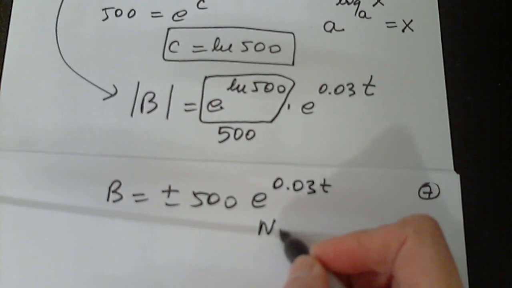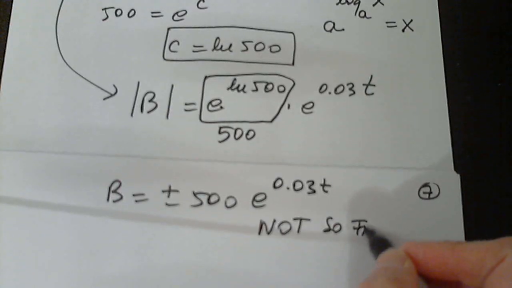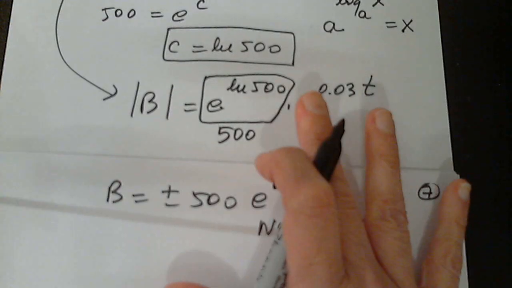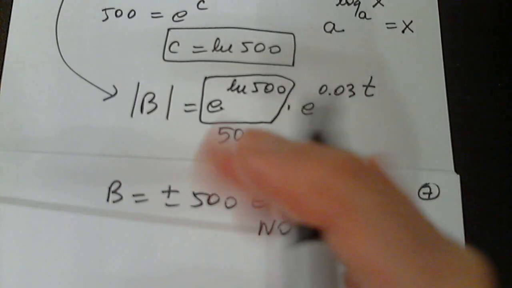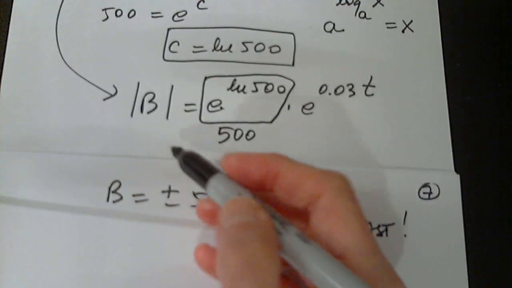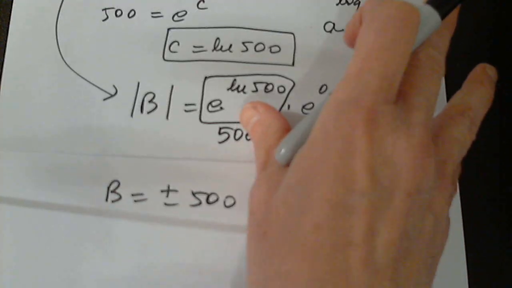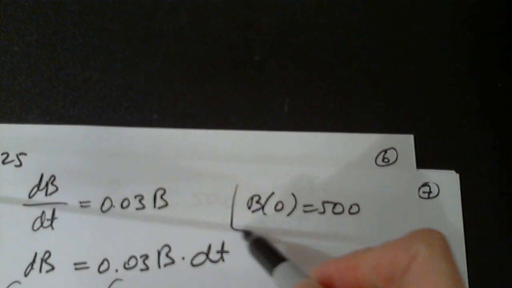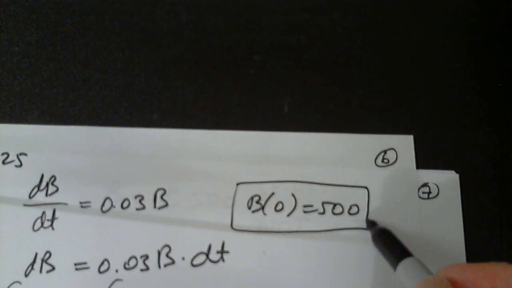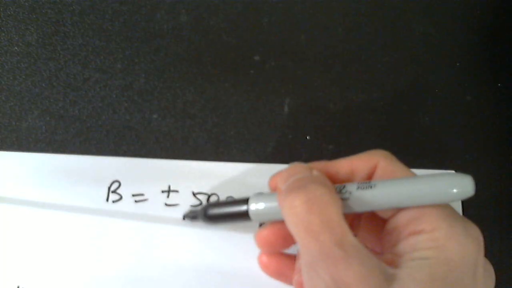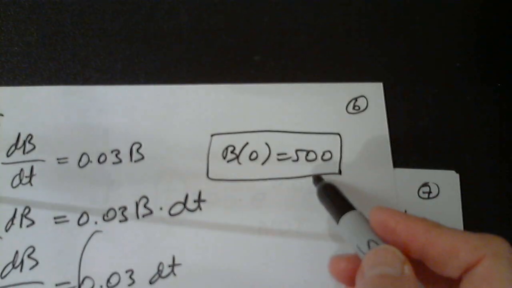Not so fast. What do I mean by that? I put plus or minus because I had to, because of the absolute values we just discussed. However, I am given this condition, and I have to make sure that I select the correct symbol based on the given condition.